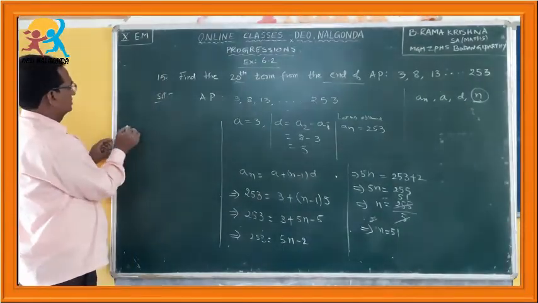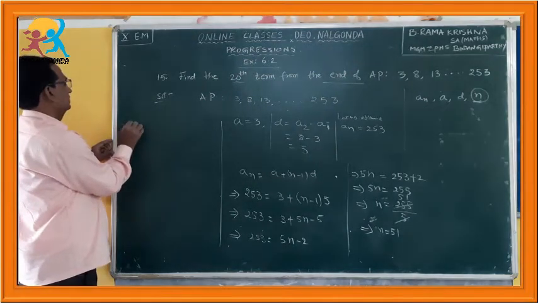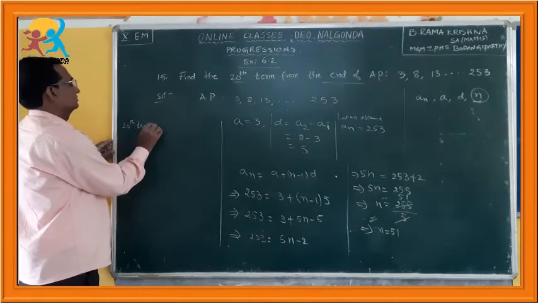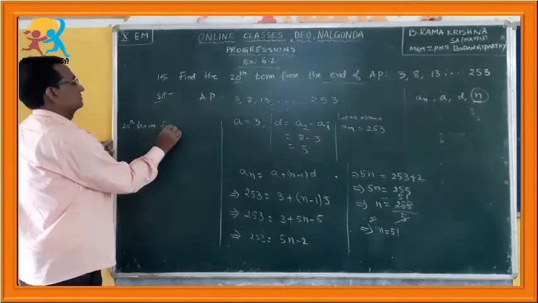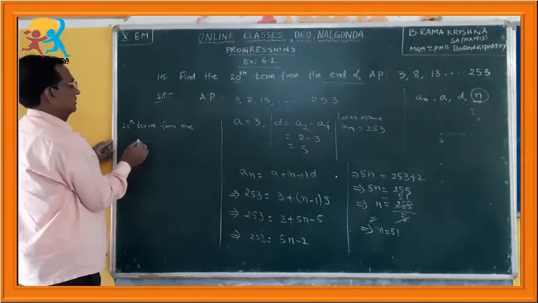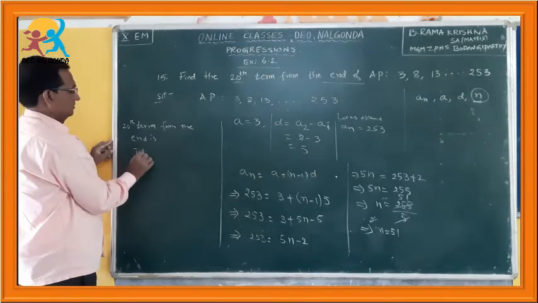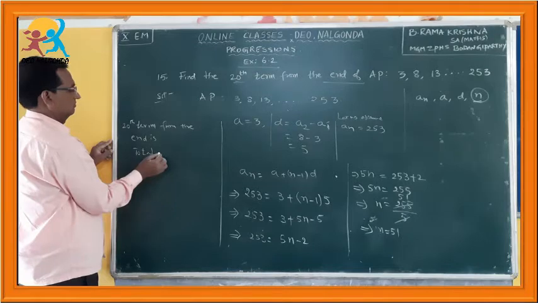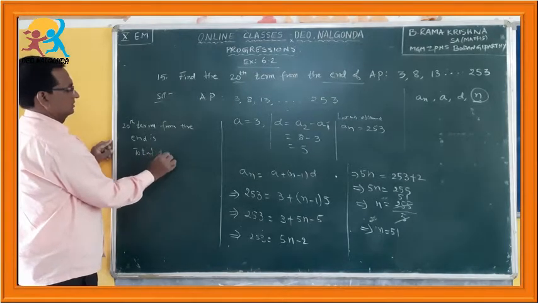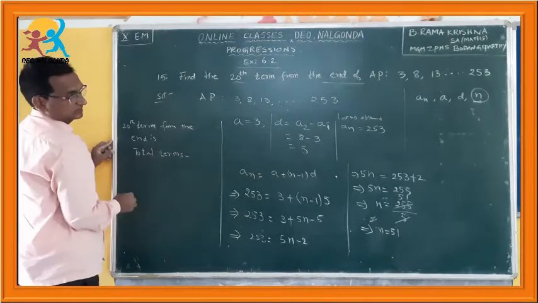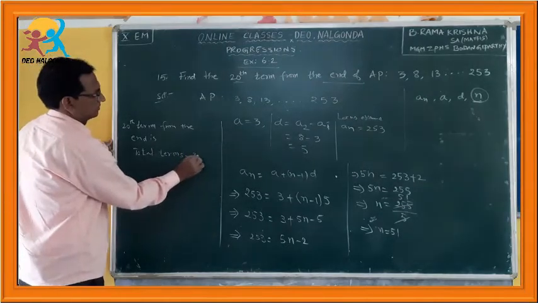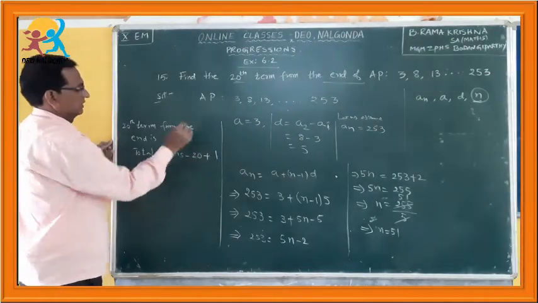So, the 20th term from the end is total terms minus 20 plus 1.